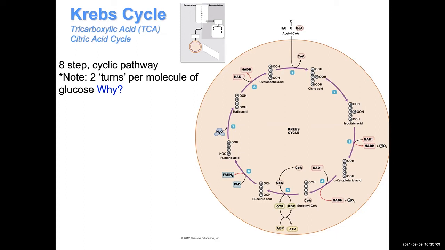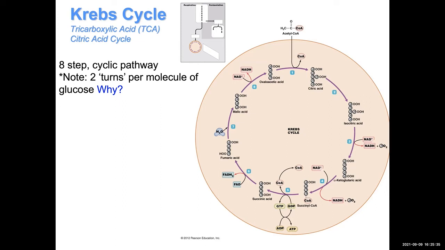Do you see any reduced coenzymes generated? Yes. Which ones? NADH. Okay, let's start with NADH. How many NADH do we generate per molecule of glucose? 6? Well, let's see. I see here 1, 2, 3. I only see 3. Yeah, but 2 turns per molecule. That's right. We have 2 acetyl-CoAs that go in.